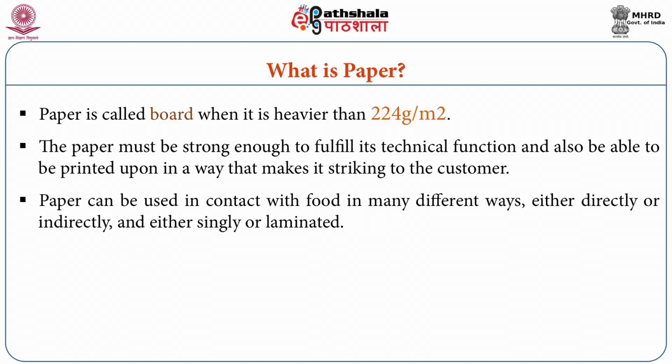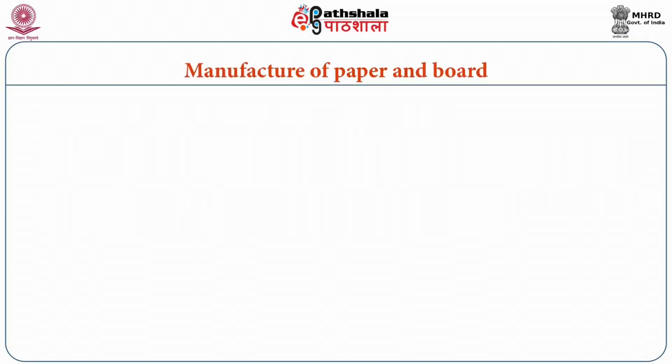Paper and board can be used in contact with food in many different ways, either directly or indirectly, and either singly or laminated with other materials such as plastics, metal foil, etc. In the latter case, so called functional barriers are aimed at suppressing any substance transfer between food and base paper material. Now we will discuss the manufacture of paper and board.